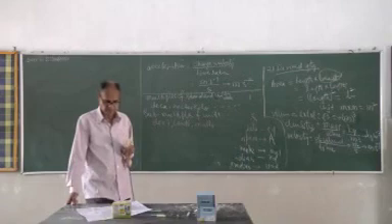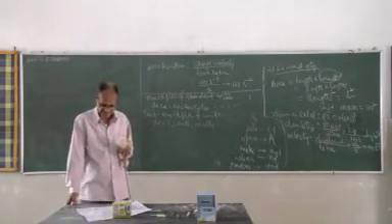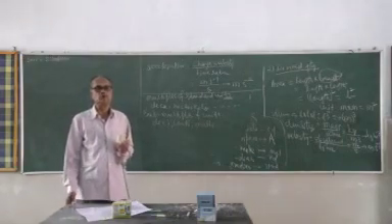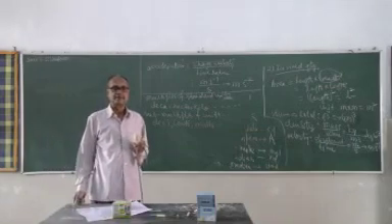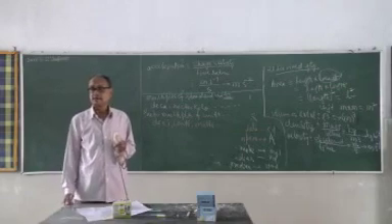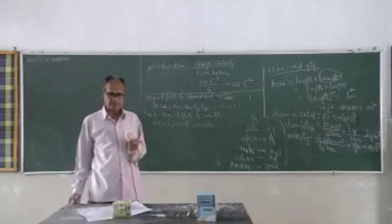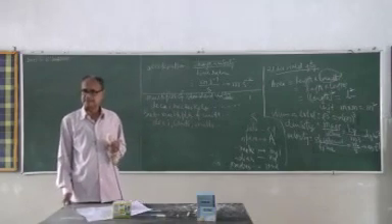At that time, it was measured as the distance between two specific points on a platinum iridium alloy bar, kept at 0 degrees Celsius under the custody of the Department of Weights and Measures, and they kept it at Sevres in Paris.